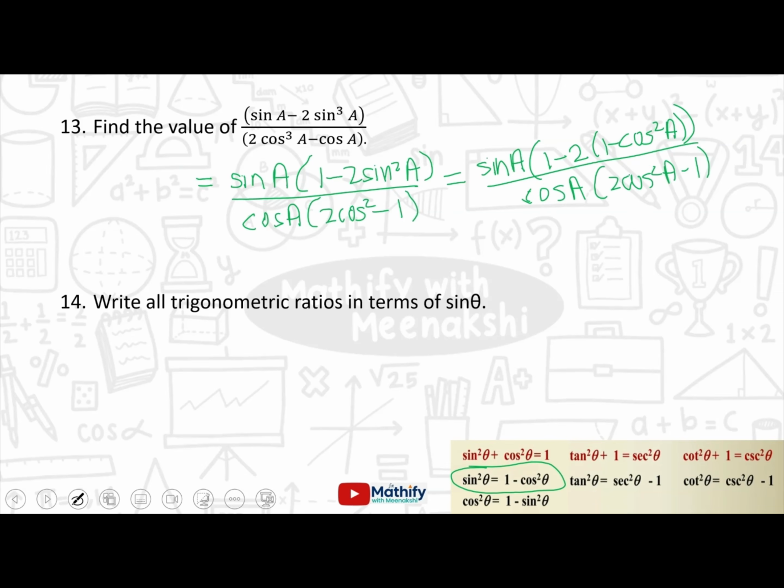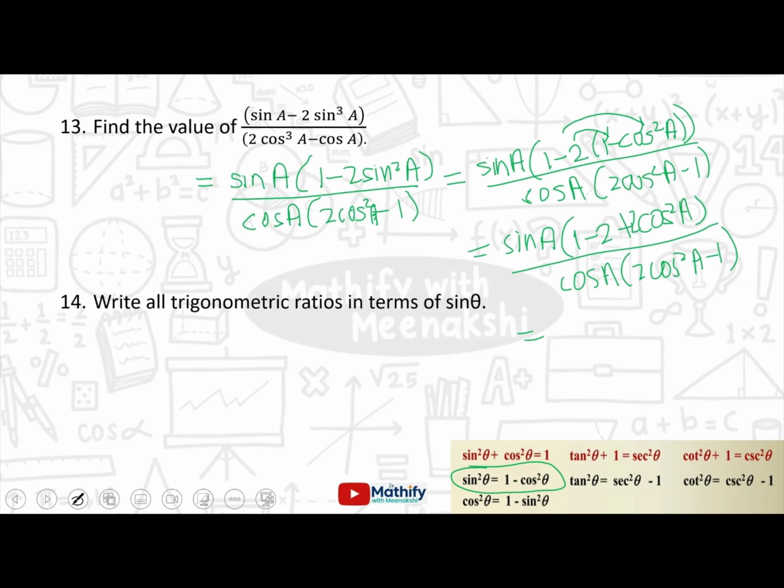Now what I will do, just see carefully, just multiply 2 with both. You will get 1 minus 2, minus minus is positive, plus 2 cos square A by cos A into 2 cos square A minus 1.